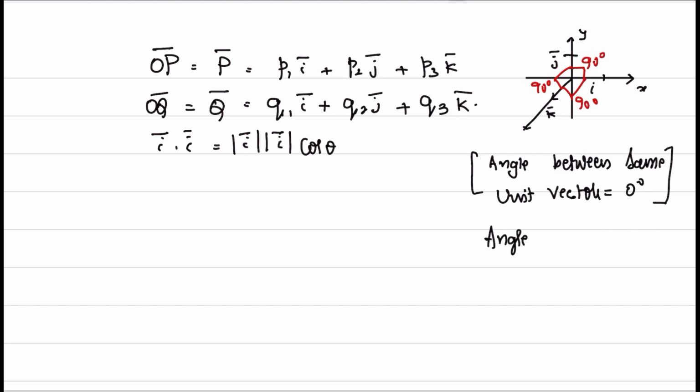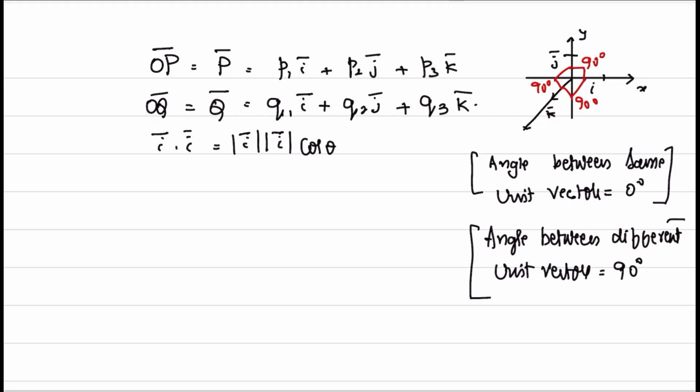The angle between different unit vectors is 90 degrees from the above diagram, since I, J and K are unit vectors in the x, y and z directions.